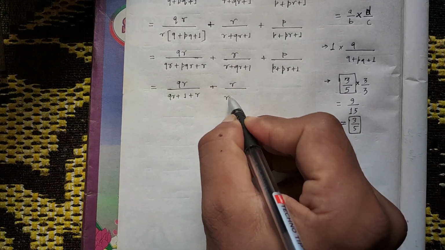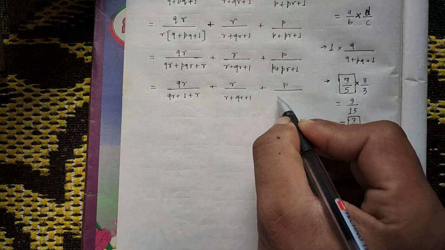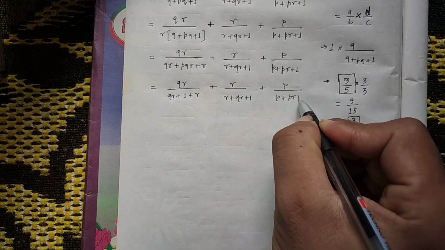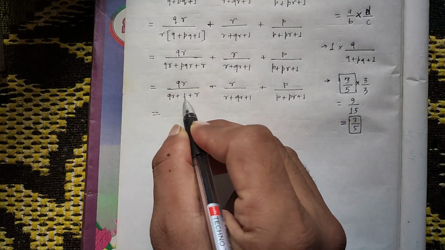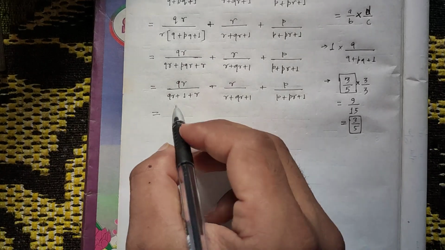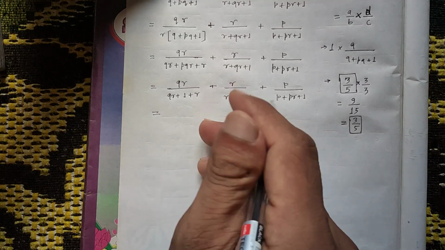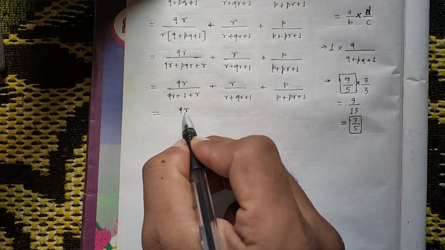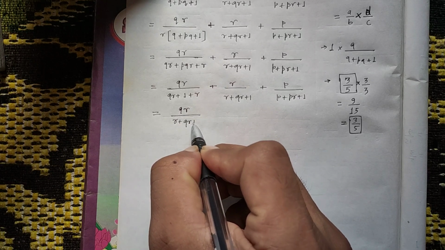Now if you compare the first and second terms' denominators, you will see that they are equal. So we can write it in the same form, qr plus 1, plus r.